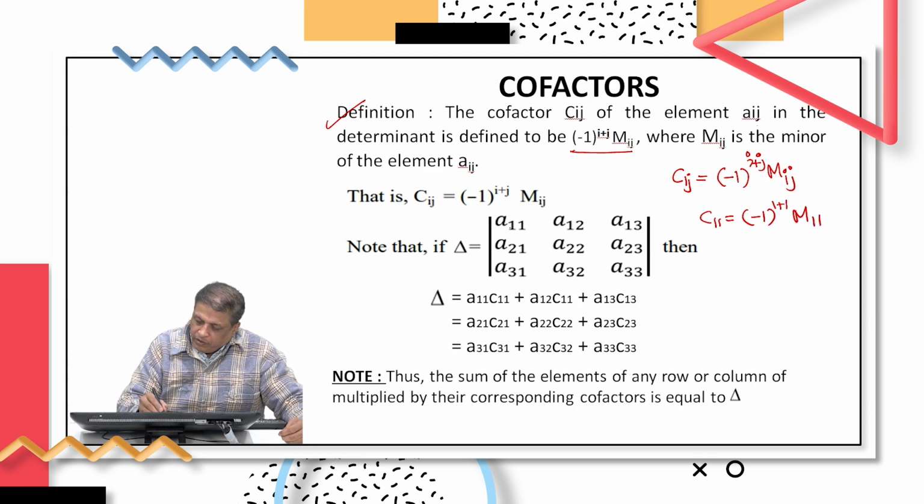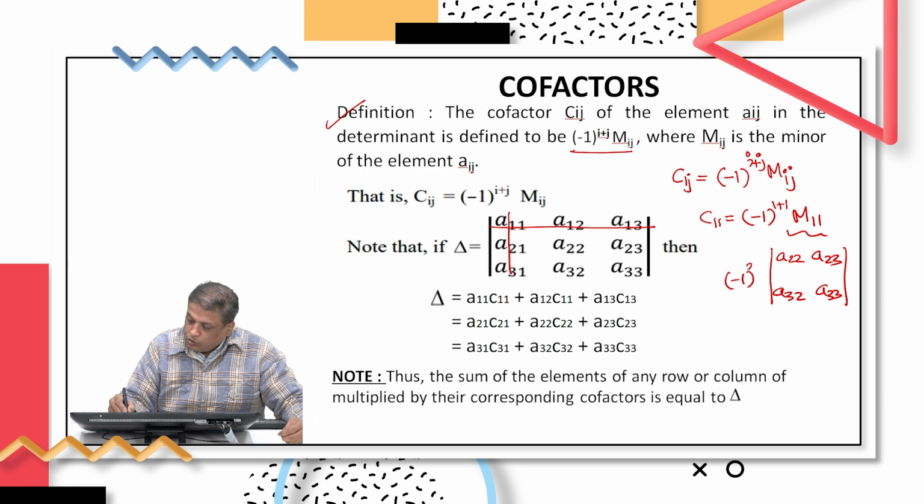So what could be M11? M11 will be equal to the determinant A22, A23, A32, A33 into minus 1 to the power 2, because 1 plus 1 is 2. That is equal to C11, that is equal to the determinant A22, A23, A32, A33.